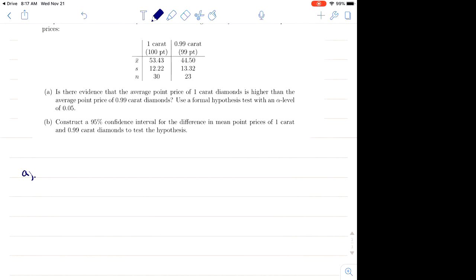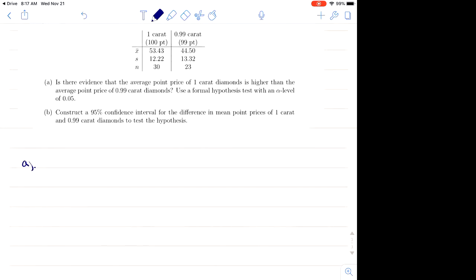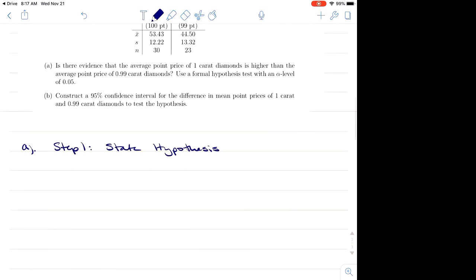Okay. So here we go. Step 1. We have to state our hypothesis. What's nice is that for 2 sample means, we're just going to compare the mean of one group to the mean of the other group.